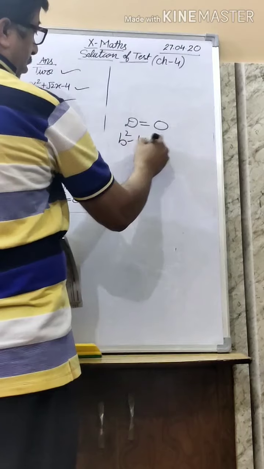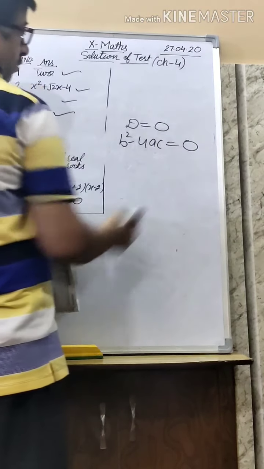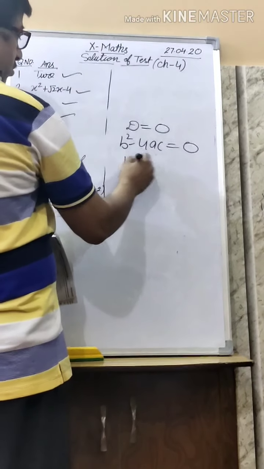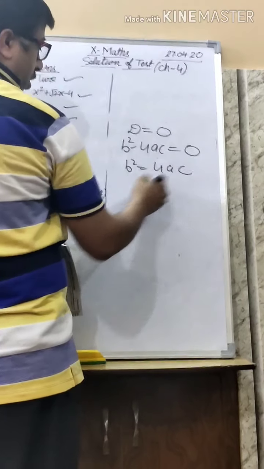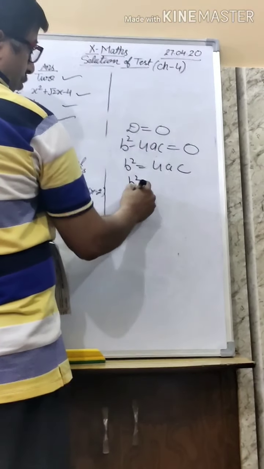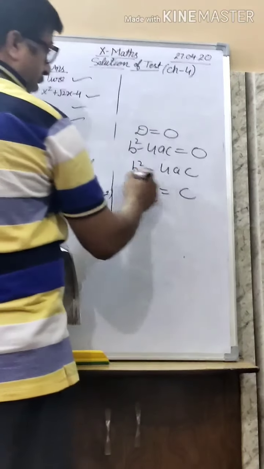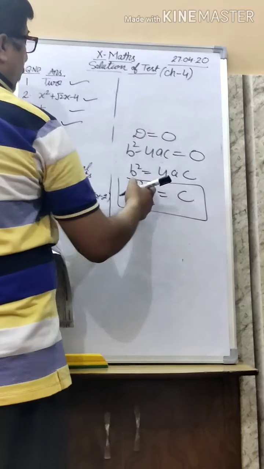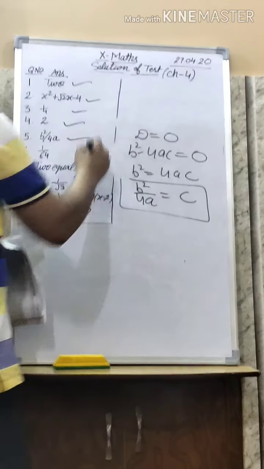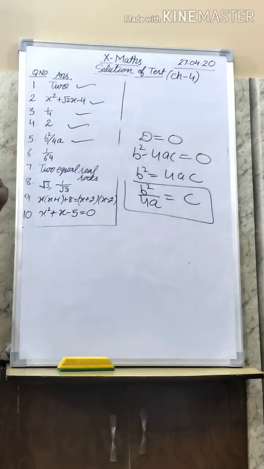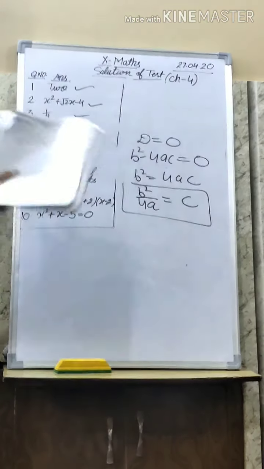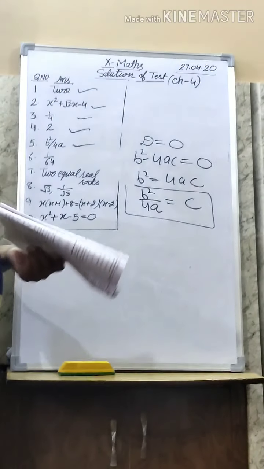It means b square minus 4ac equal to 0. So b square is equal to 4ac. So b square upon 4a is equal to c. Now what is the value of c? I think c is equal to b square upon 4a. Now this is the value of c. Understand? So b square by 4a is the correct answer.